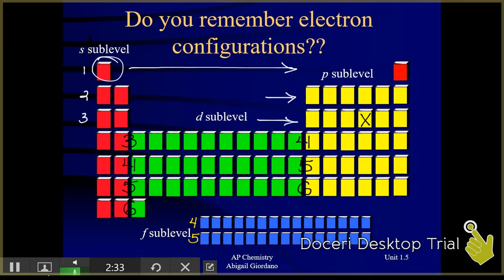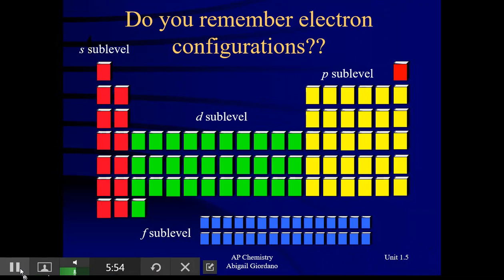If you remember, there's also a shortcut, which I'll remind you about in just a second. So let's do two more examples, and then I will remind you about this shortcut.